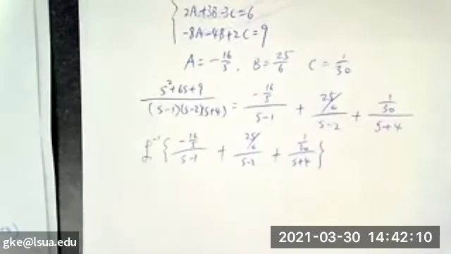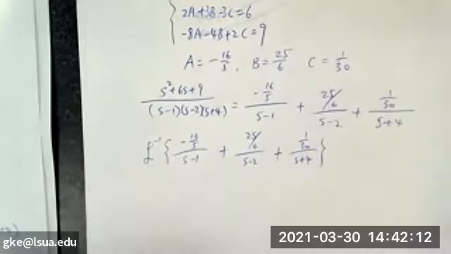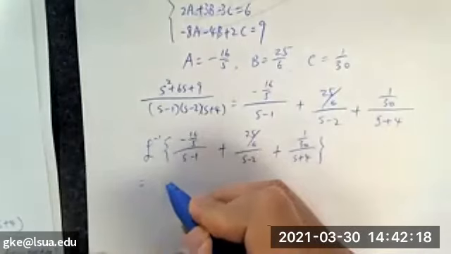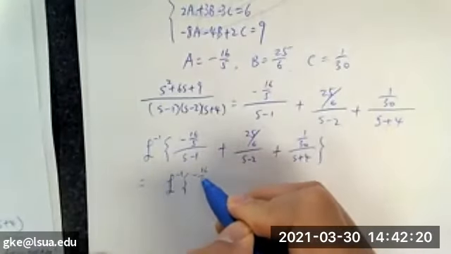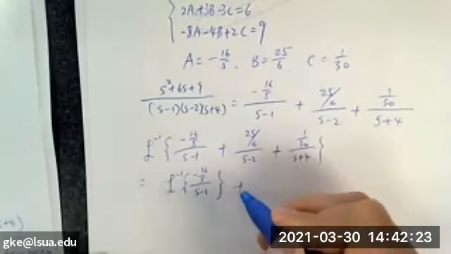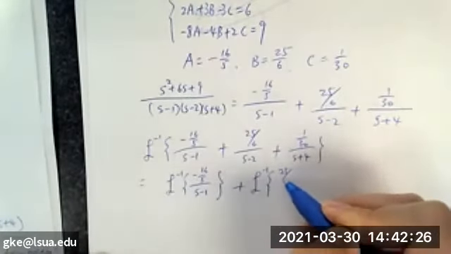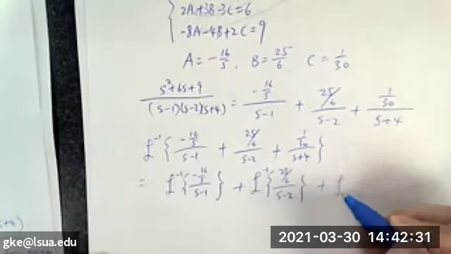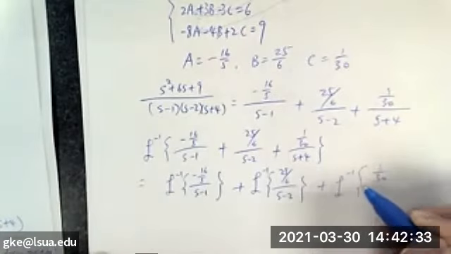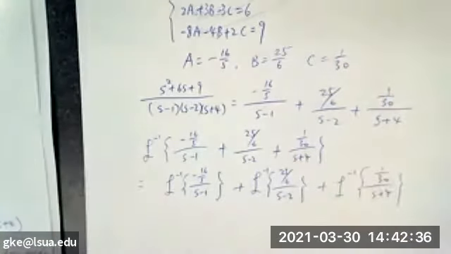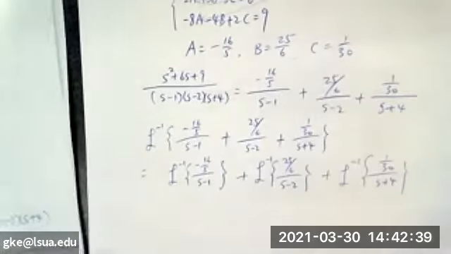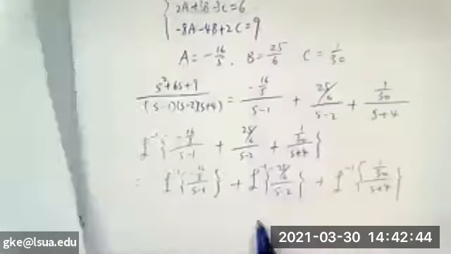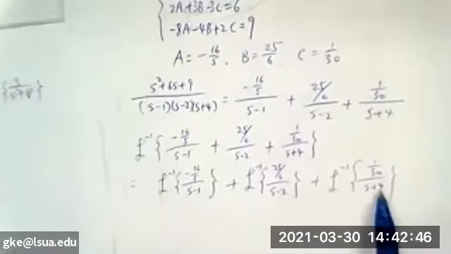Now we can spread like we did before, right? Like we did before. Spread it. And clearly we can tell, we can use the formula here, right? S minus something, or S minus something.